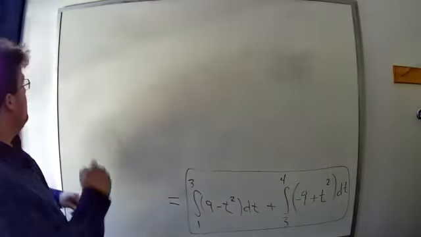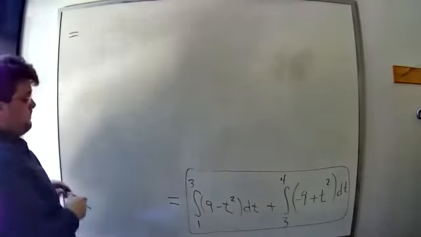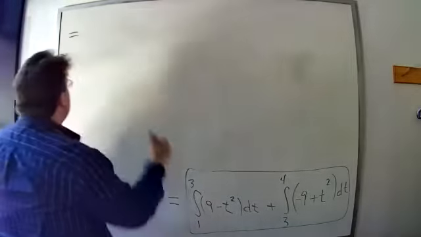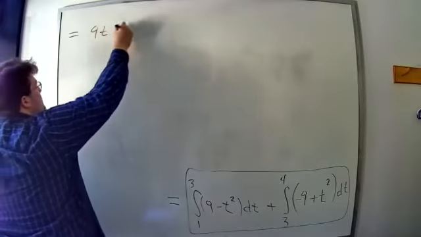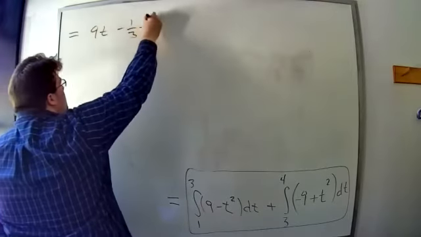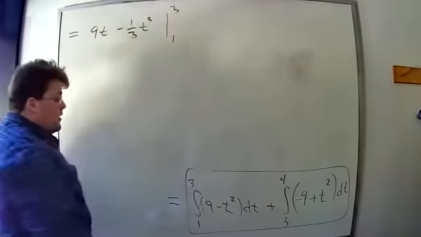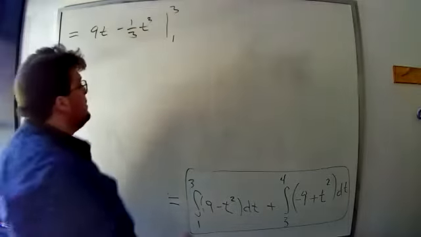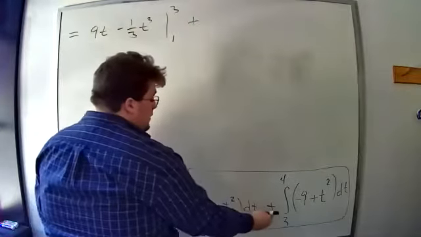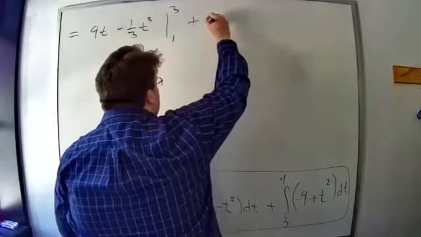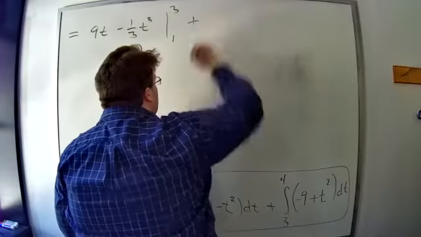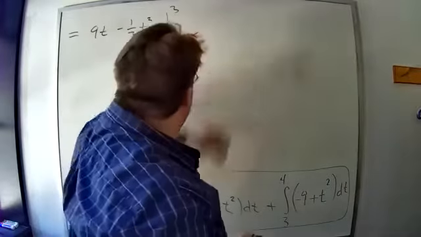Okay. So now we have this integral. 9 minus t squared. Well, again, we're going to have 9t minus a third t cubed. And we're evaluating that piece from 1 to 3. For the other piece, plus negative 9t. I don't like writing plus negative.